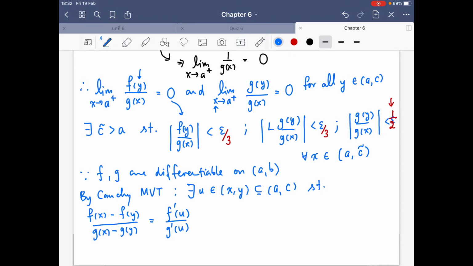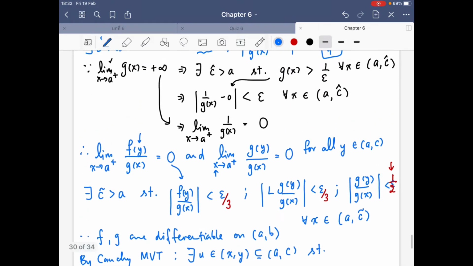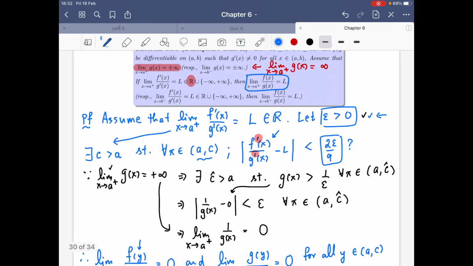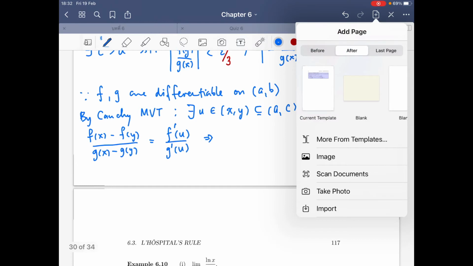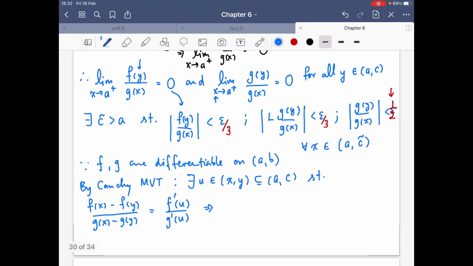What we really need is to evaluate the limit of f over g, right? So we are going to change this quotient into the f over g form.